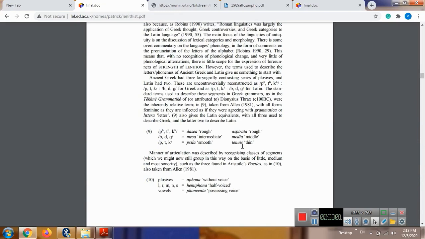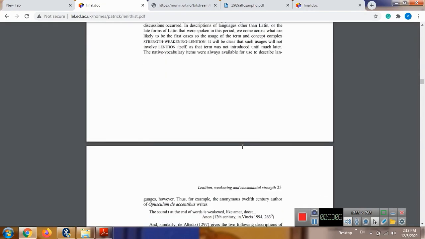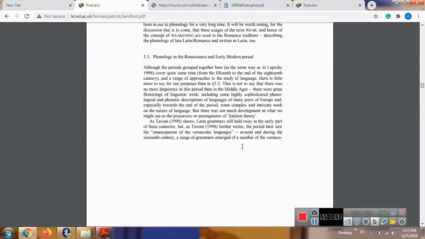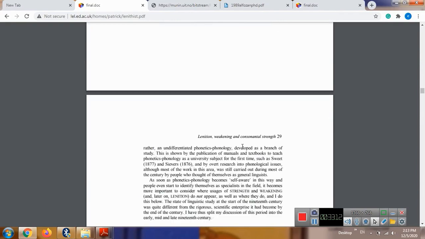Please download the articles and read them to learn these processes according to the generative approach, generative phonology.